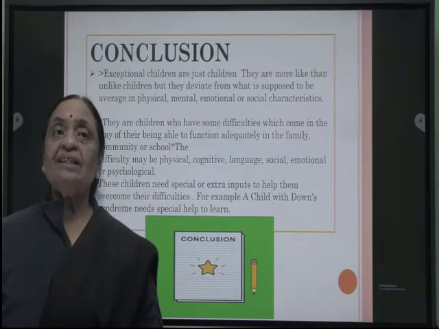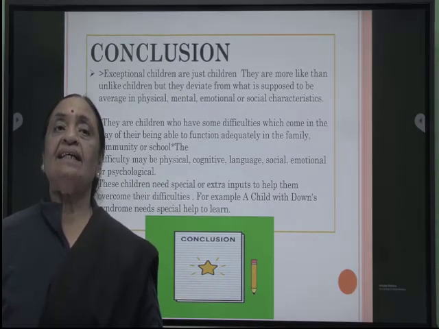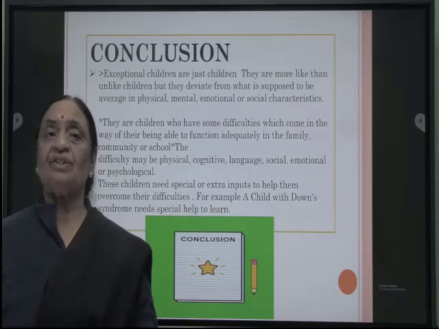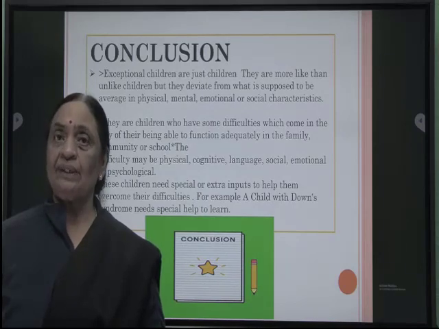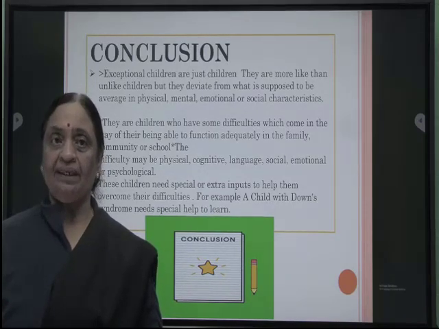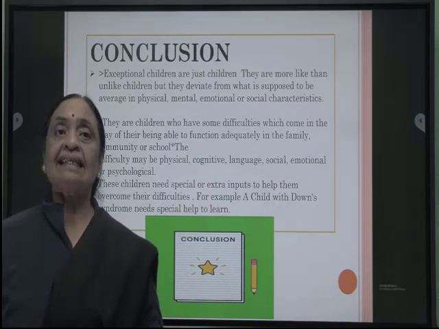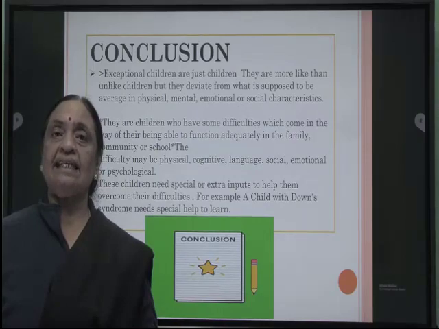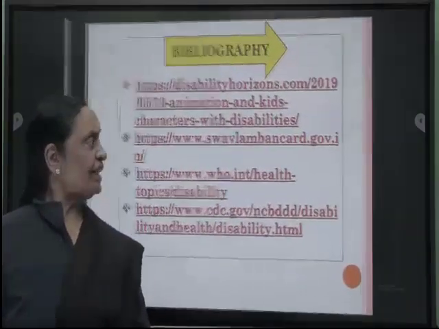So children with dyslexia can be identified in the classroom by a teacher who can make out from the handwriting of the child if there are too many spelling mistakes or inverted letters and so on. And this can also be effectively treated if the screening is done at an earlier stage and early intervention techniques are used.